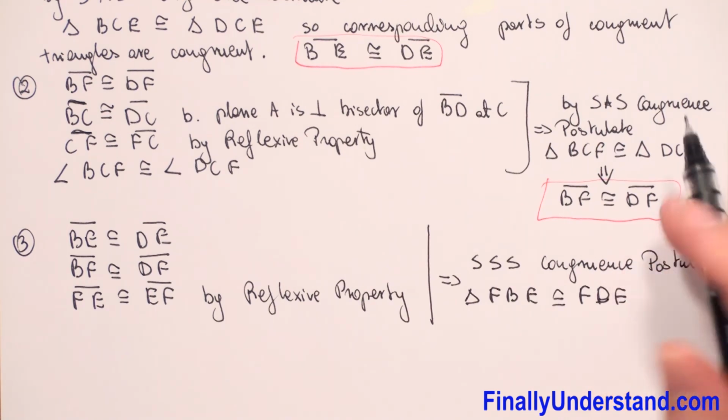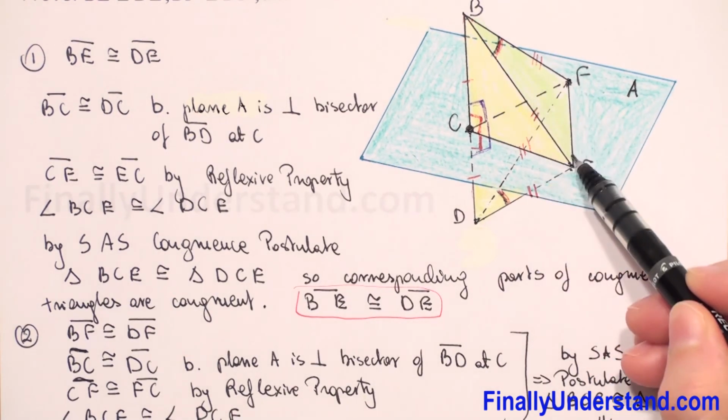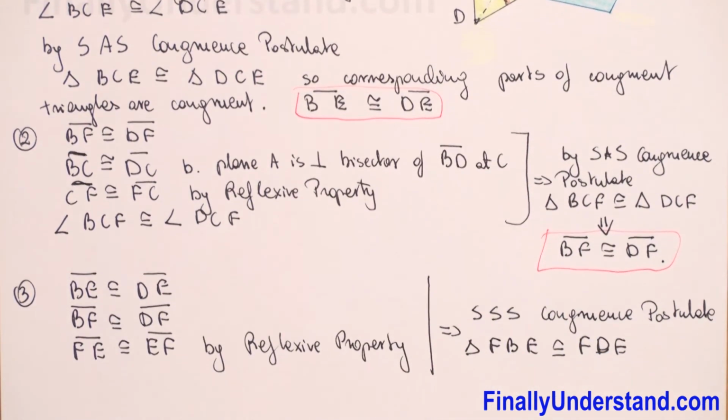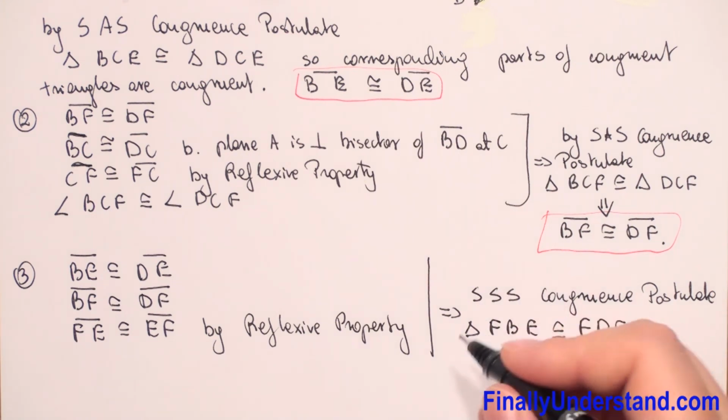If these two triangles are congruent, it means that corresponding parts of congruent triangles are congruent.